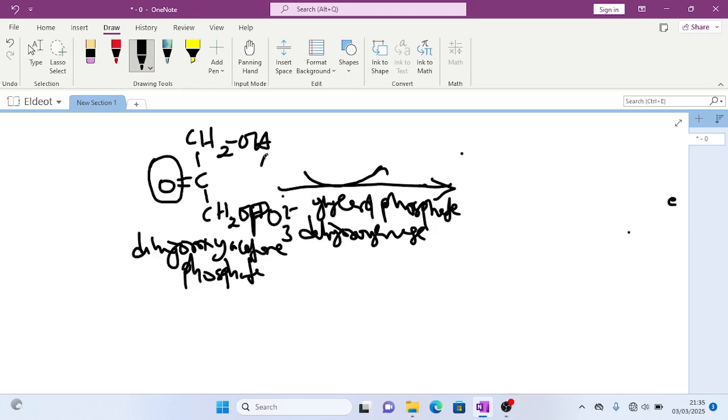So we have NADH plus H+, and then we generate NAD+. So it's a reduction reaction. Glycerol phosphate dehydrogenase will reduce dihydroxyacetone phosphate to give us this product.